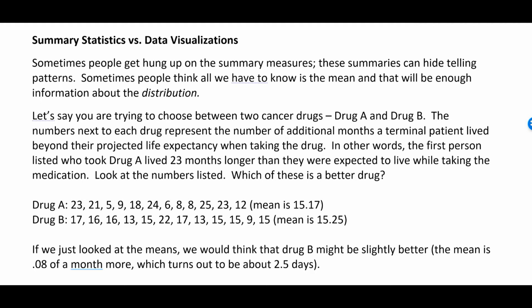Okay, so this is the scenario where we're comparing 2 different cancer drugs, drug A and drug B. They measured, for terminal cancer patients who were given each of these drugs, how much longer beyond their expected life, their life expectancy, how much additional life did they get.